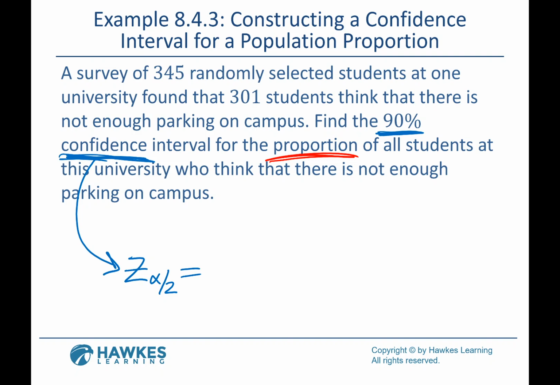So what's our critical z going to be on this one? 1.645. I know it's been a while since we've done one of these, but it's right down here, the little mini table. That's all the information we need, and we just plug into our formula.